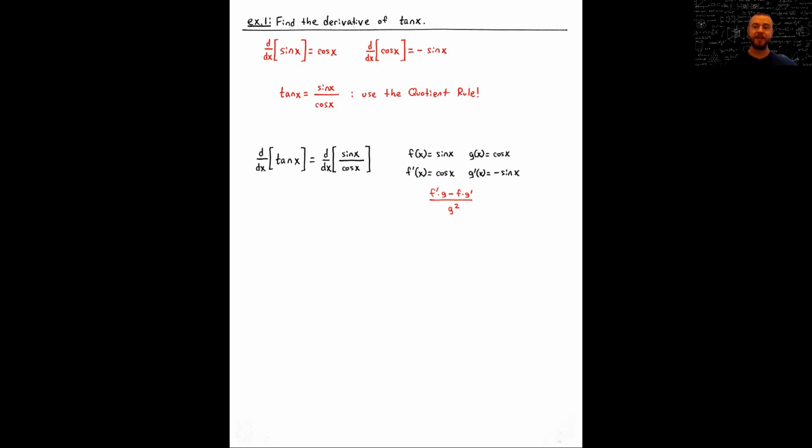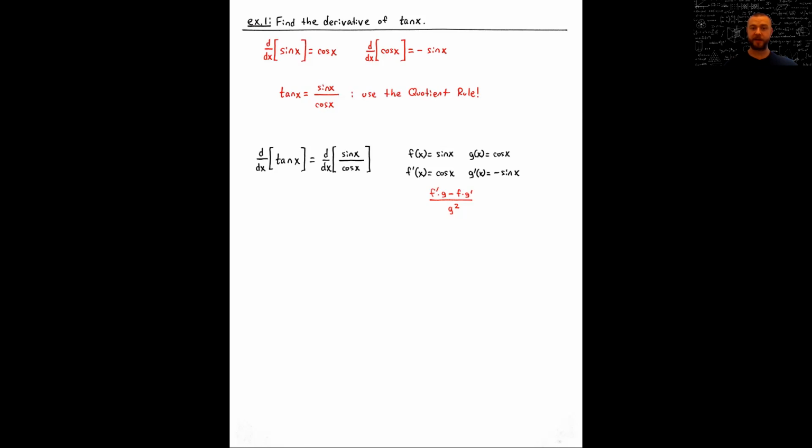First thing we're going to do is replace tangent using the identity tangent of x equals sine of x divided by cosine of x. And here, I'd like you to think of this as a straightforward application of the quotient rule. The only new part is now we are using new functions, sine and cosine, and their derivatives, which we just learned.